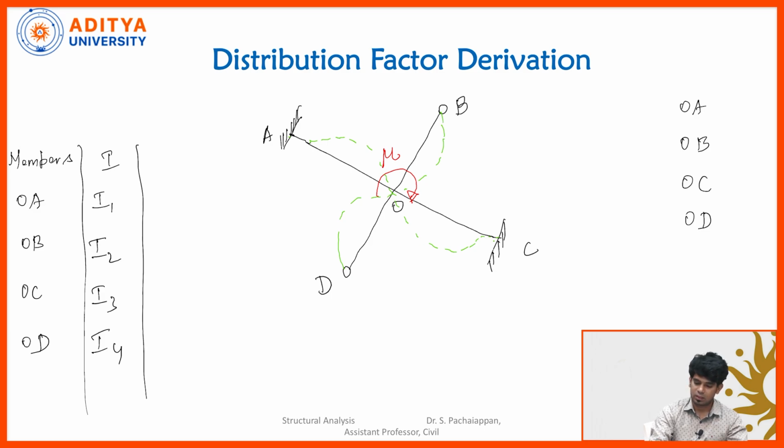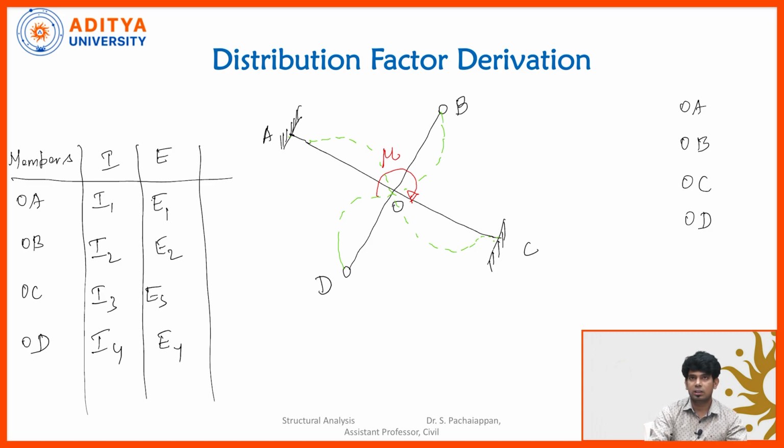Then the Young's modulus: for OA E1, OB E2, OC E3 and OD E4. And what about the length of the span? We consider all the members having different spans: L1, L2, L3 and L4.